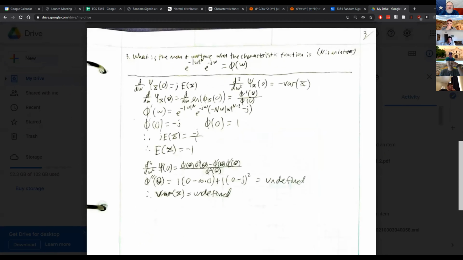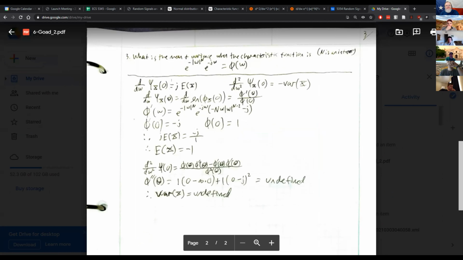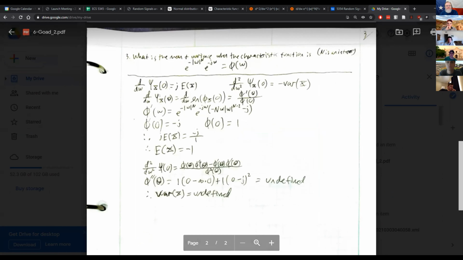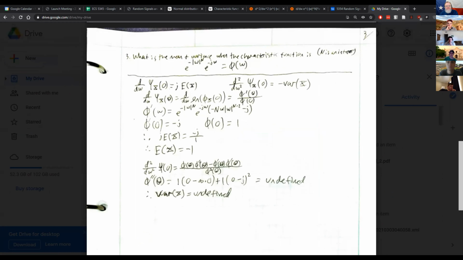So I use the property of the second characteristic function, where you take the derivative, it's equal to j times the expected value, and the second derivative at 0 is the negative variance. The first derivative of the second characteristic function is the derivative of the natural log of the characteristic function, which is the derivative of the characteristic function over the characteristic function, both evaluated at 0.